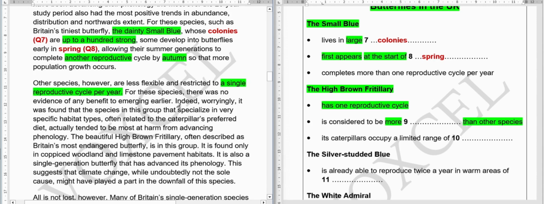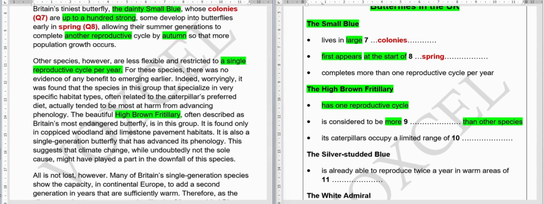So there was no particular benefit for such species to emerge earlier. Indeed, worryingly, it was found that the species in this group that specializes in very specific habitats, often related to caterpillars' preferred diet, tended to be most harmed by advancing phenology. The beautiful high brown, here is our location.